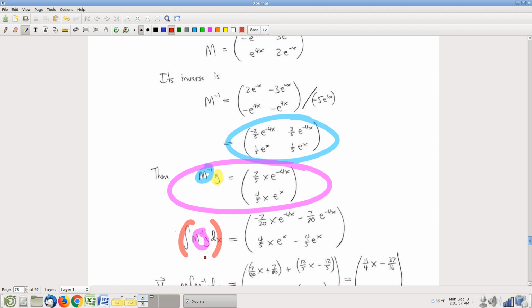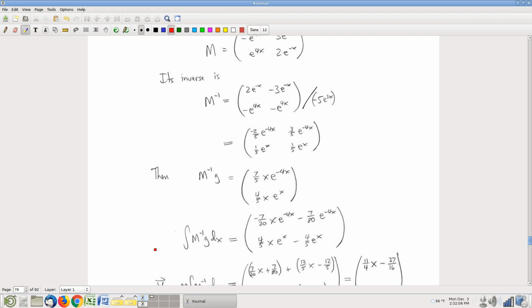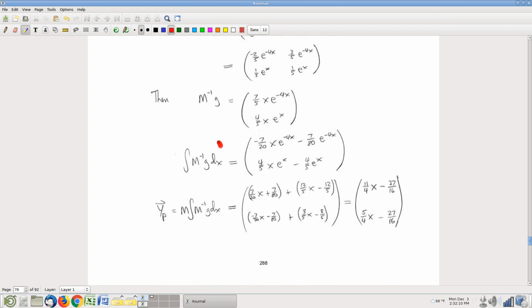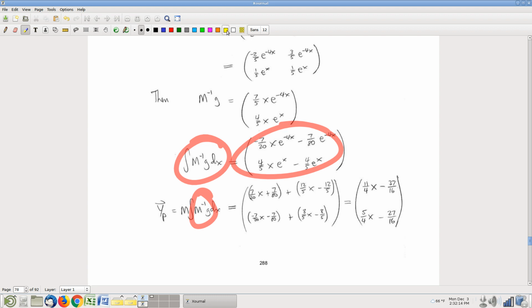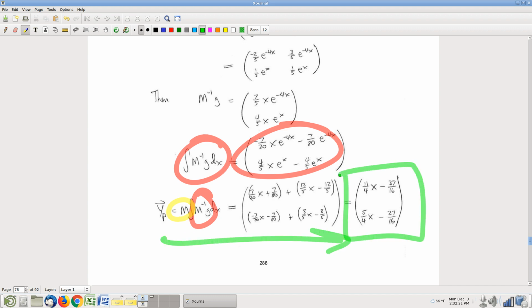Be real careful with the minus signs. Of course, there are notorious dangers of minus sign errors with integration by parts. Here's that antiderivative. And again, you're still not done. Then you have to multiply that antiderivative times the original M matrix, and there's your final solution.